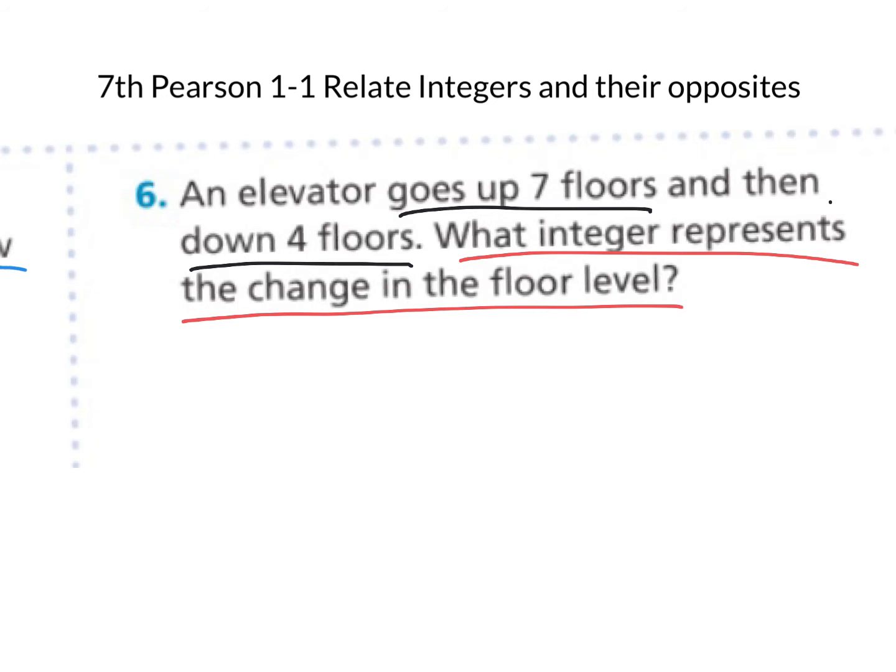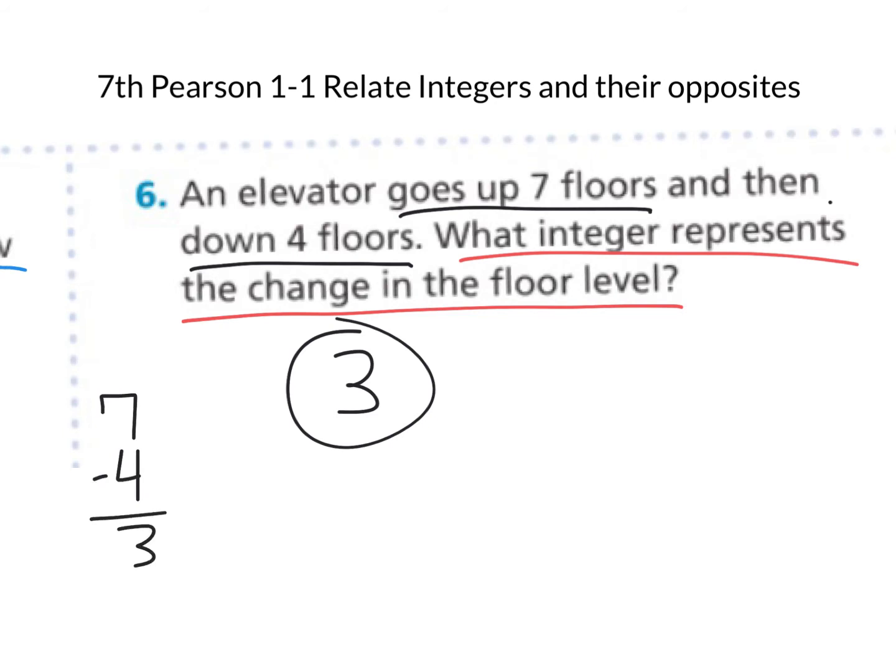If we went further down, that should be a negative change. So for this one, since we went further up, overall our change is going to be positive. So this would be 3. 3 would be the integer that represents that change. We could think about it as going up 7 and then down 4, now we're 3 floors above where we started.